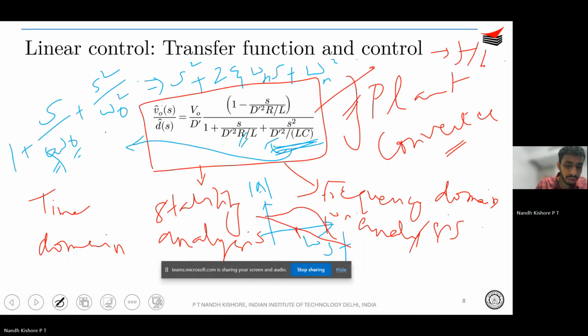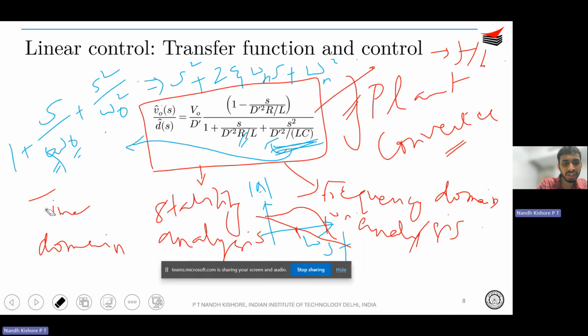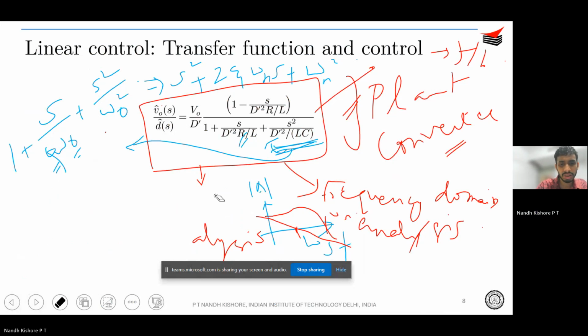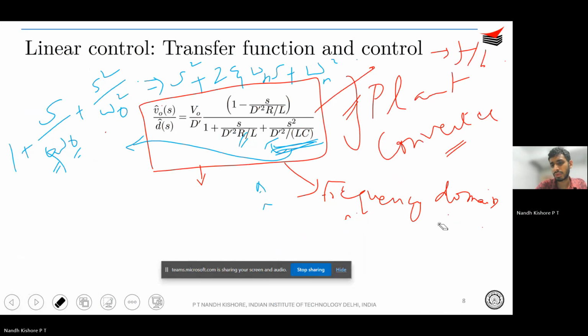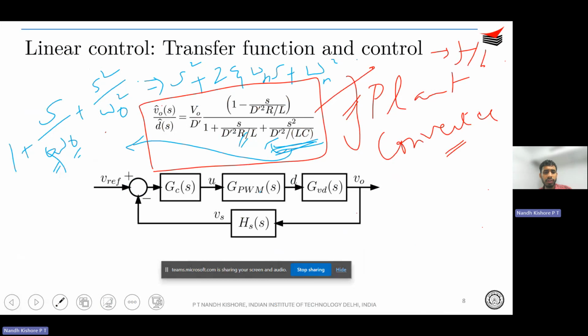Let me just get rid of some extra stuff over here. Okay, right. So this is how your closed loop controller typically looks.